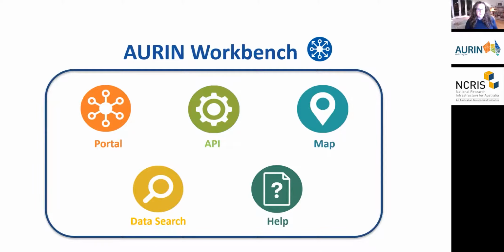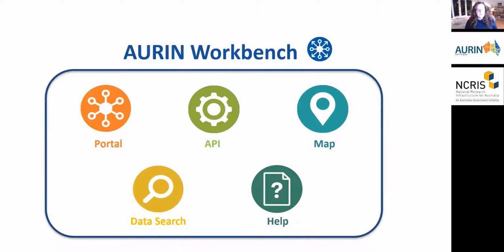You can see here there's 5 main components of the workbench. We have our online portal, which is an online GIS system. We have our APIs, which we'll be looking at today, and that's programmatic access to the data. We have our AURIN map, which is an online data viewer. You're welcome to view data on there. It's an open website. And we have our data search. This is our catalogue of all the data that's available through AURIN.